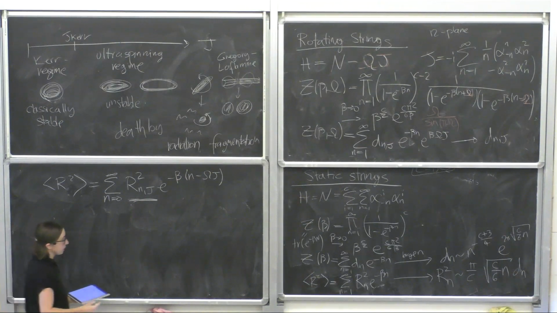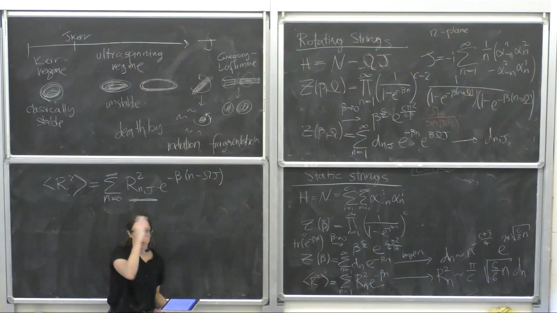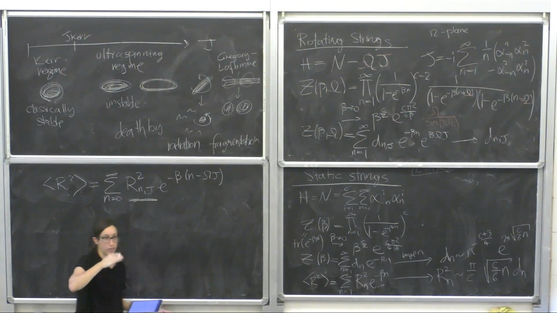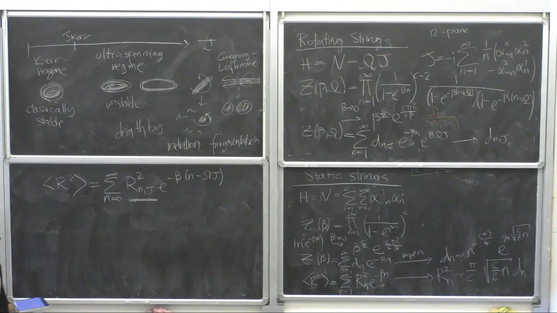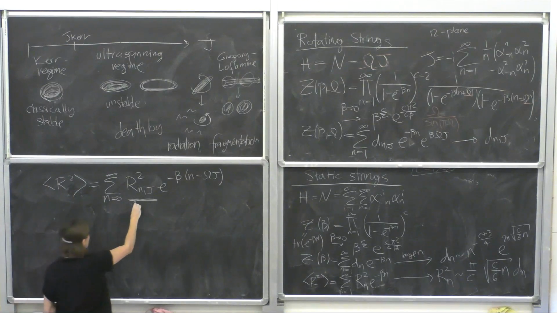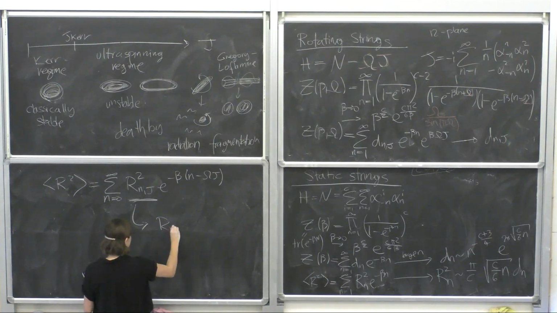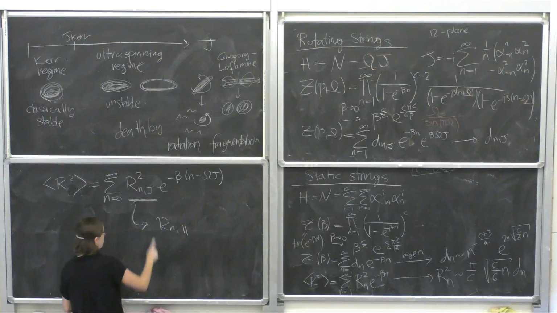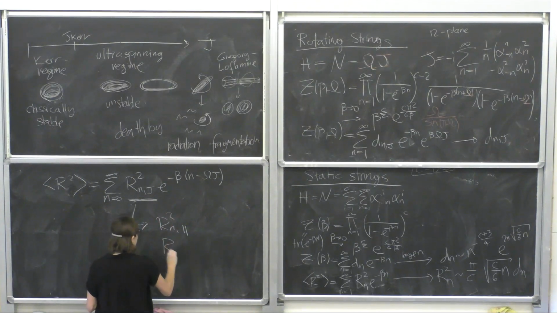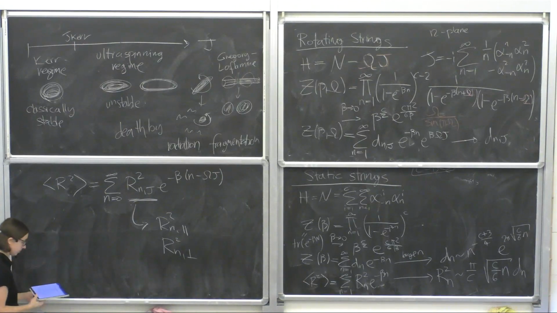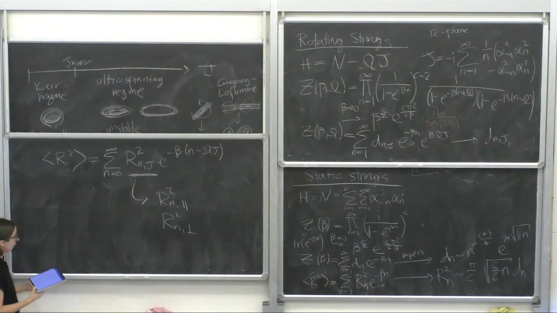But because I have now two different sizes, I can look at the size in the plane of rotation and perpendicular to it. There are two sizes that I can compute. There is one that is parallel to the rotation plane, and then there's another one that's perpendicular to it. All right?